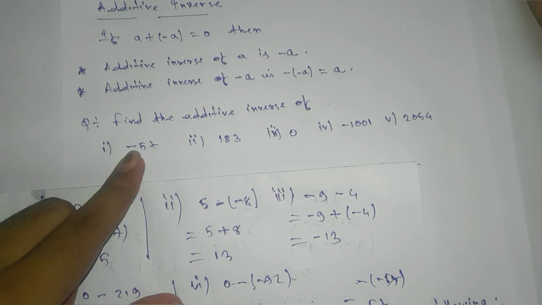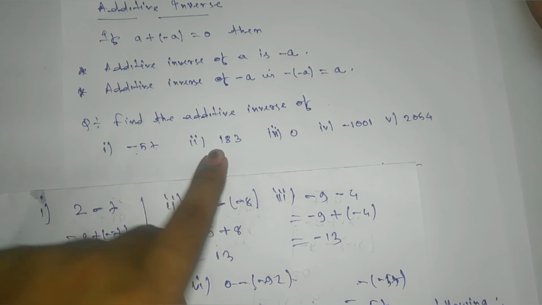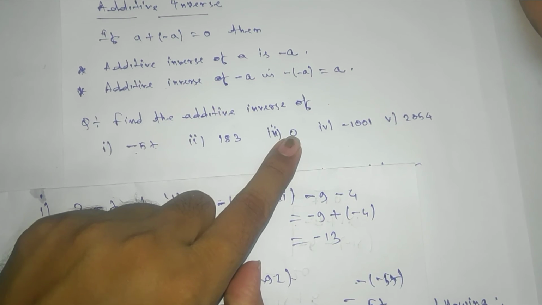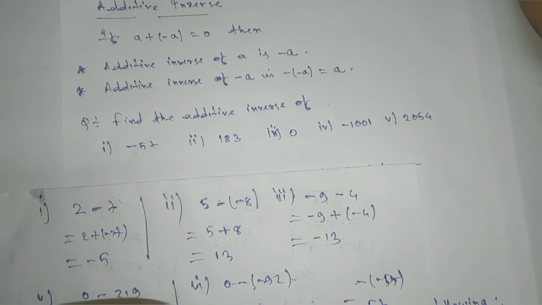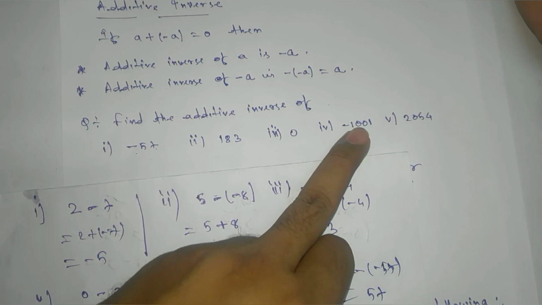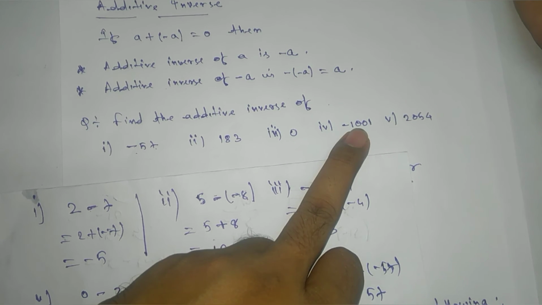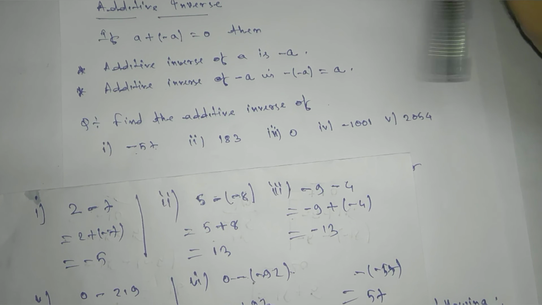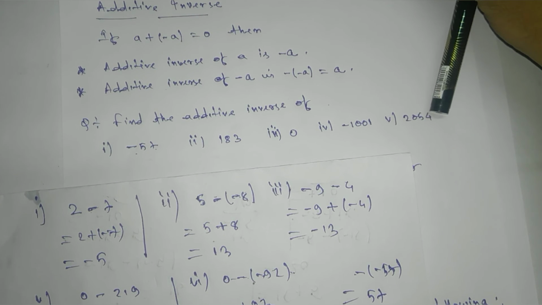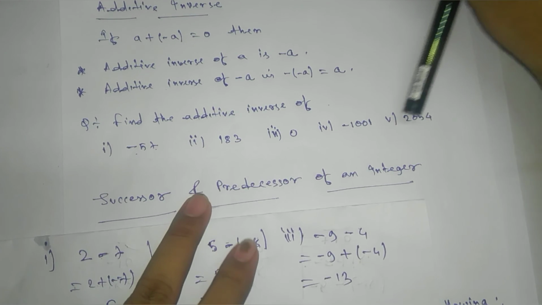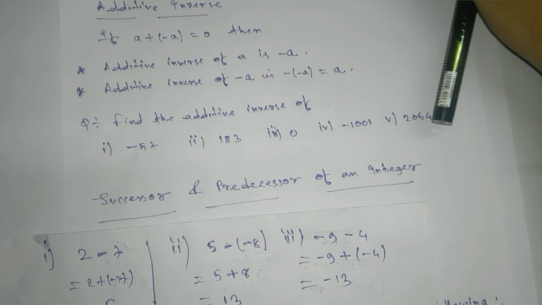That means simply if there is a minus you use plus, if there is a plus you use minus. For 0 please do not use minus or plus, because 0 means 0 only. Additive inverse of 0 is 0. Next is -1001, that means additive inverse of -1001 is 1001, and additive inverse of 2054 is -2054. That means we check the opposite symbol.